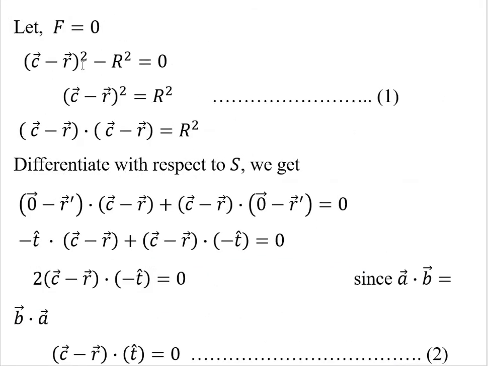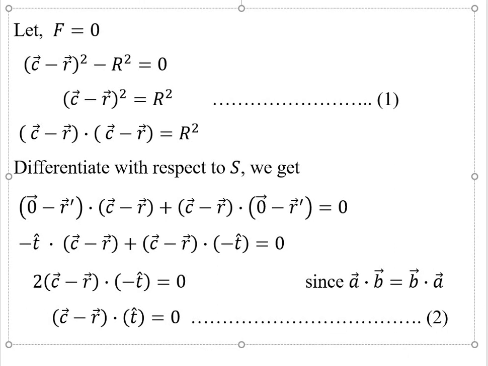So f equal to 0 gives, as in the oscillating circle case, the same result: (C vector minus R vector) dot (C vector minus R vector) equal to R square. Again we differentiate with respect to s and get 2 times (C vector minus R vector) dot minus T equal to 0, so (C vector minus R vector) dot T vector equal to 0.